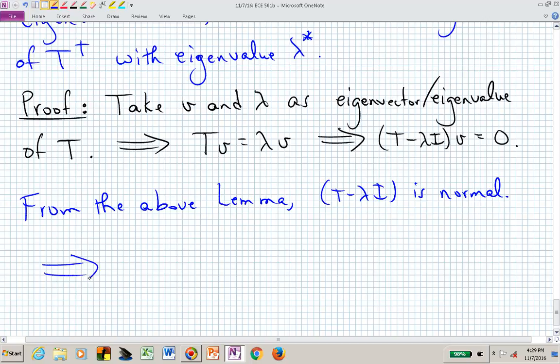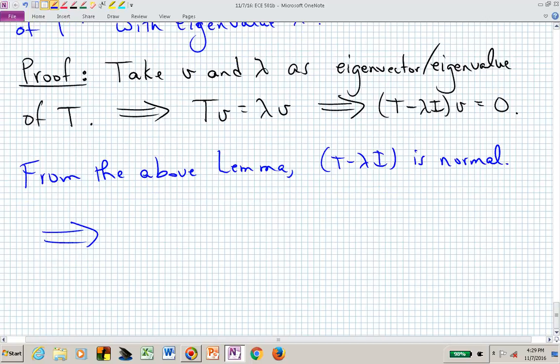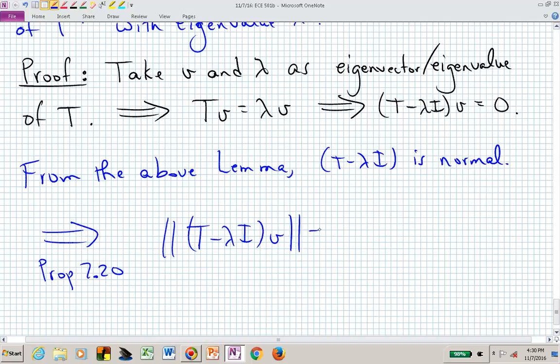But once we know that we have T minus lambda I being normal, then we can use the first proposition that we talked about today, which was this norm relationship on operators and its adjoint. Now we know that this norm of T minus lambda I applied to V is equal to what applied to the same V? The adjoint of T minus lambda I. We know those norms are equal.